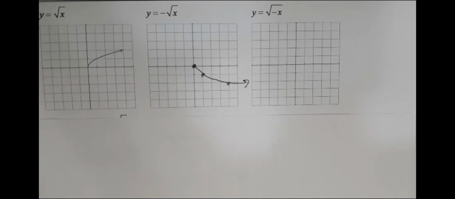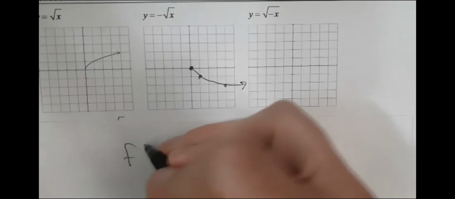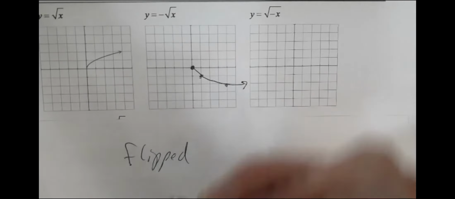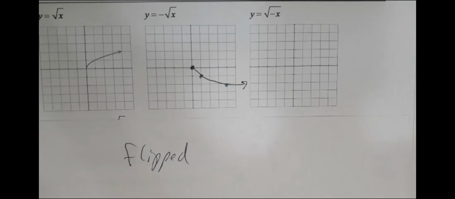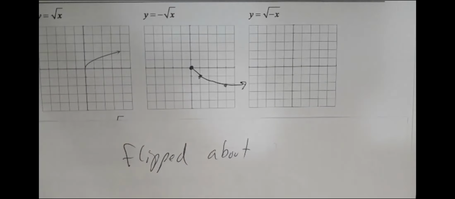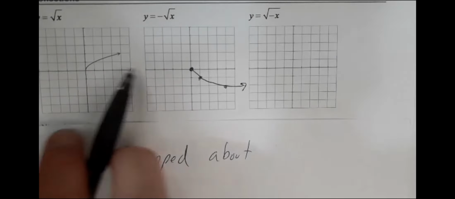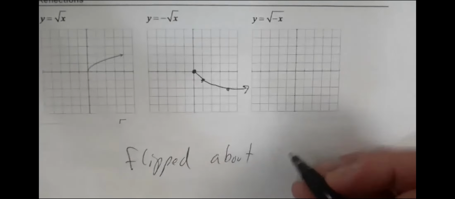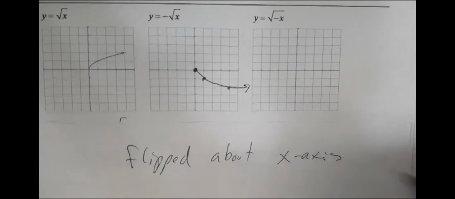So hopefully you say it looks like it got flipped. And then you got to tell me how it got flipped. What did it get flipped about? It got flipped about this thing right here. It's called the x-axis. So this was flipped about the x-axis.